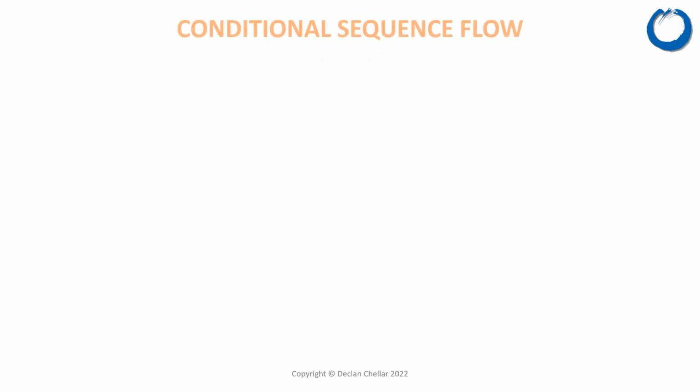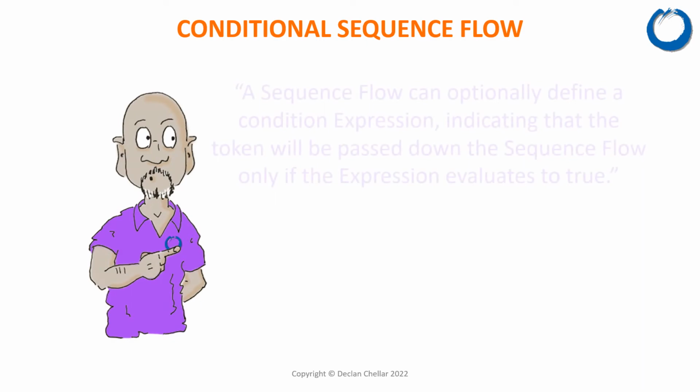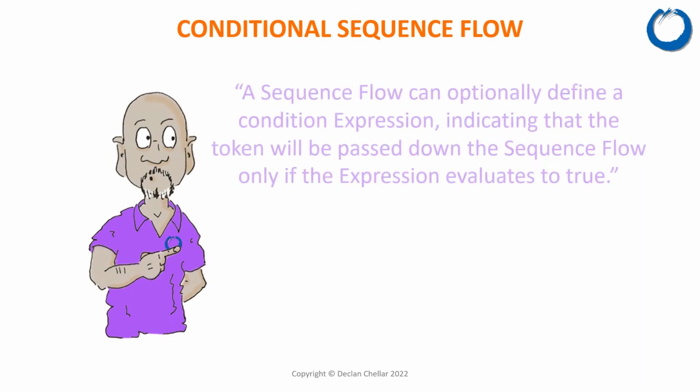Conditional sequence flow. A sequence flow can optionally define a condition expression, indicating that the token will be passed down the sequence flow only if the expression evaluates to true.